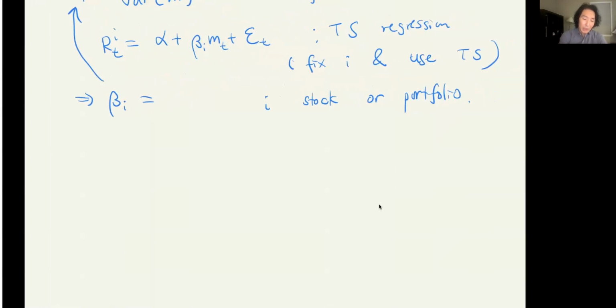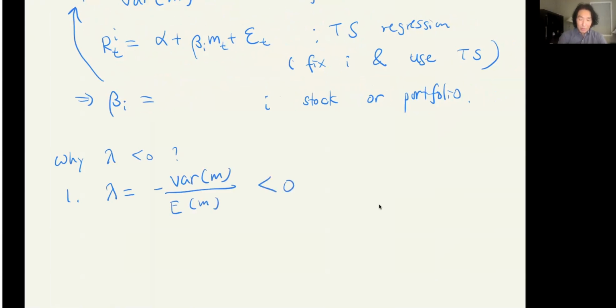The first reason is that mathematically, this is a negative number. The numerator is positive, and variance of some number is always positive, and the denominator is also positive because the denominator is just 1 over risk-free rate, and risk-free rate is positive. So lambda, because of the negative sign, mathematically is negative.